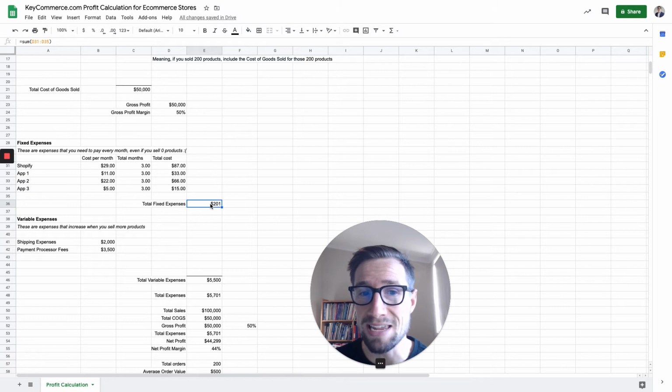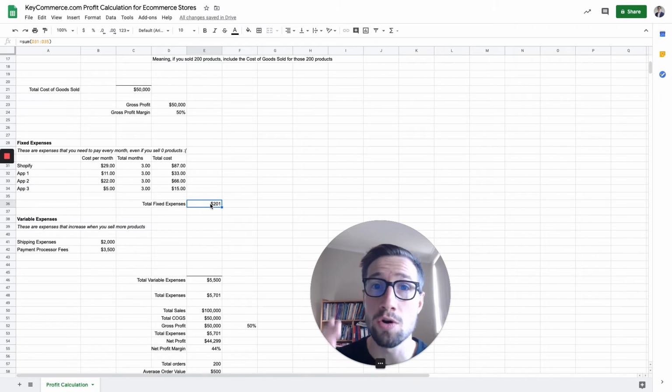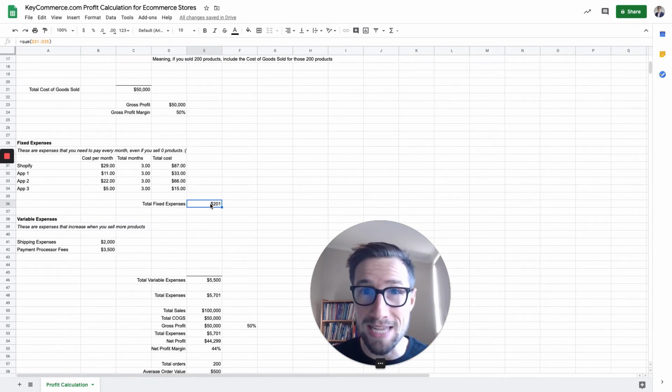Even if you don't make any sales, say if COVID-19 happens again and suddenly it affects your niche in particular. It's been great for e-commerce, honestly, it's been insane. But say something else comes in, maybe some new law that says, okay, no more e-commerce businesses. Well, unless you try and cancel these apps and all these things, you still have to pay for it.